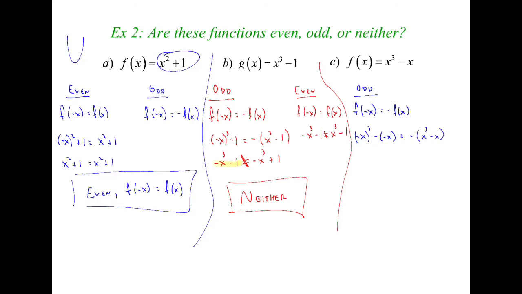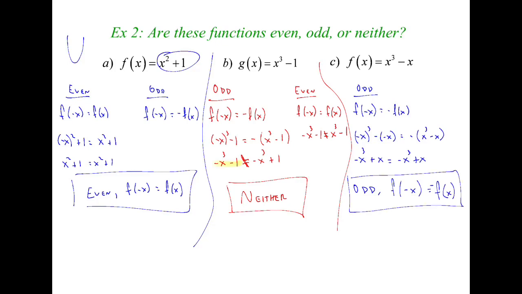And so negative x cubed is still negative x cubed, and then you have the opposite of negative x, which is plus x, and then you distribute on the right hand side to get negative x cubed plus x, and there you go. You see that they are equal, so we know this is an odd function because f of negative x is equal to the opposite of f of x.